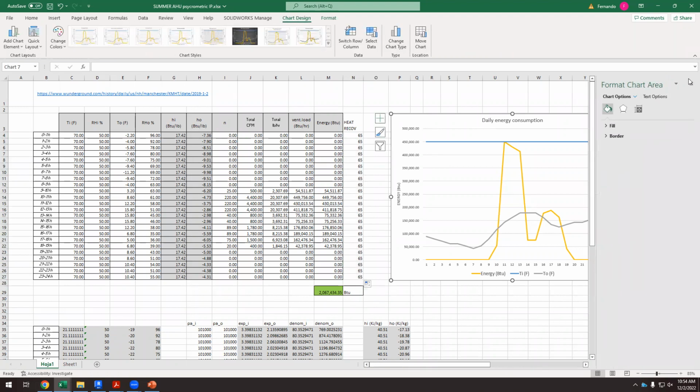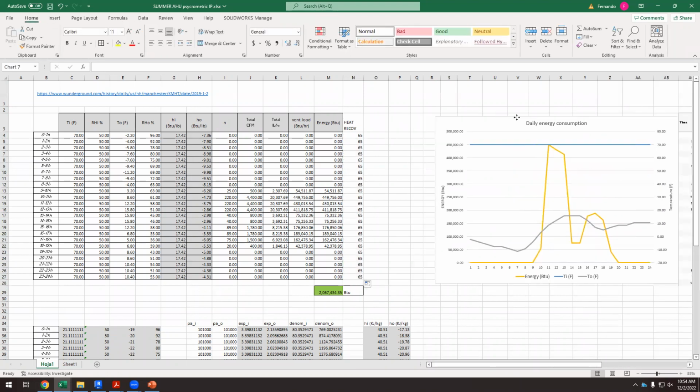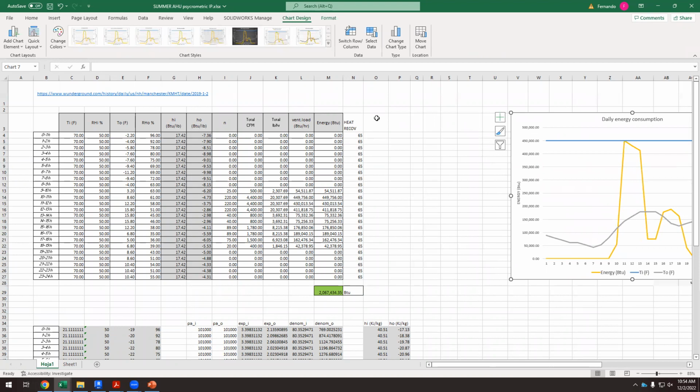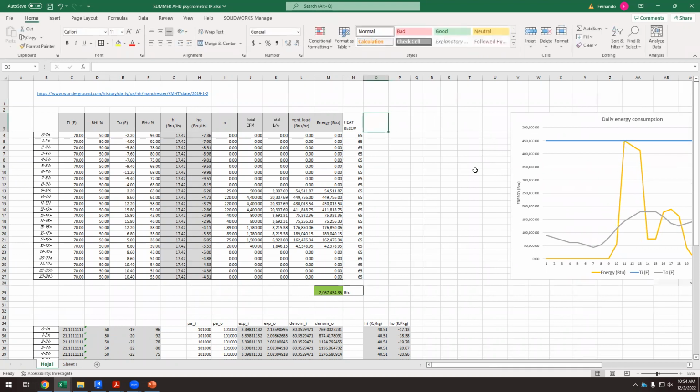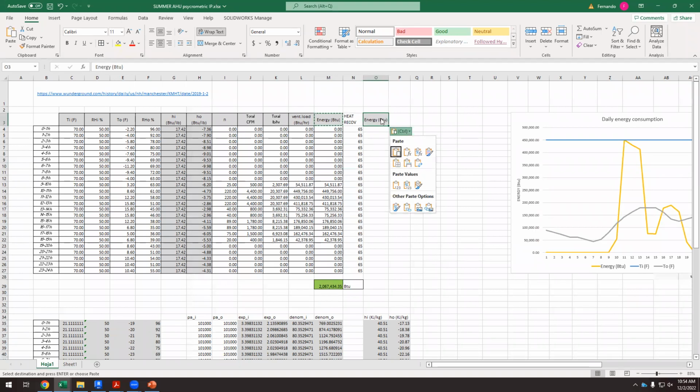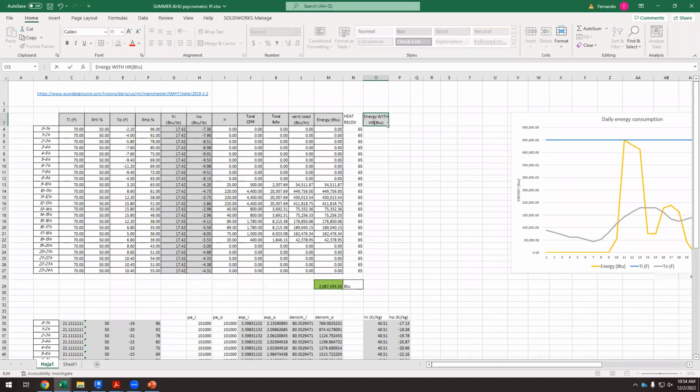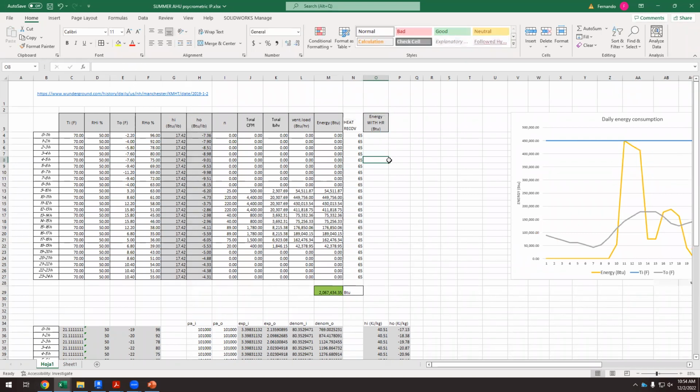What's the next column? It's the energy in BTUs, but with heat recovery. So that's the energy with heat recovery in BTUs.